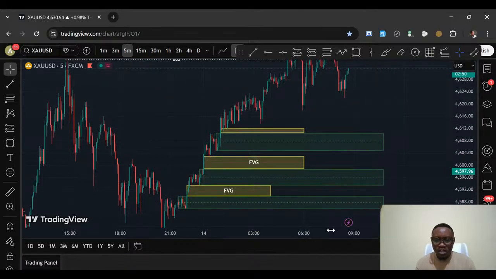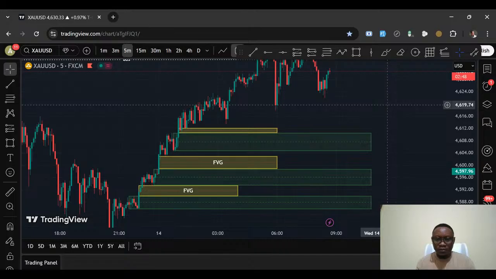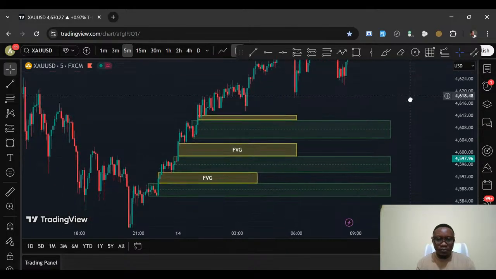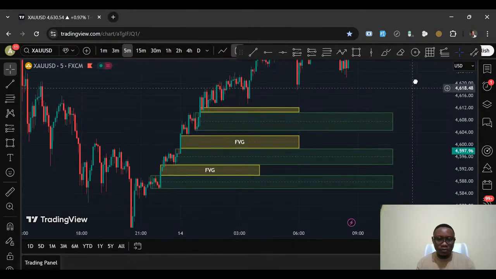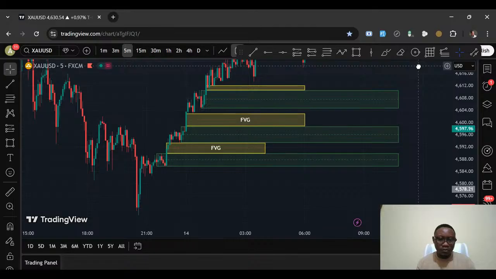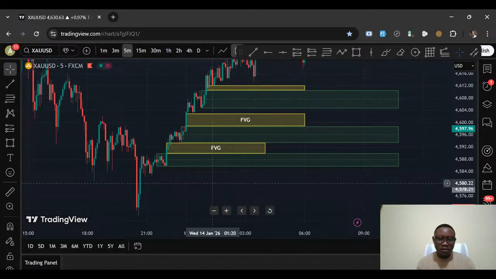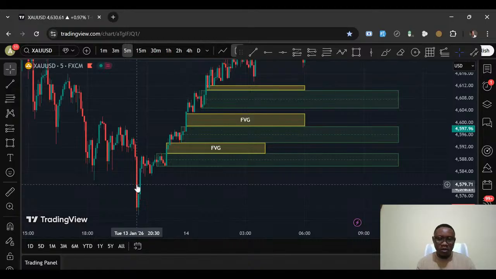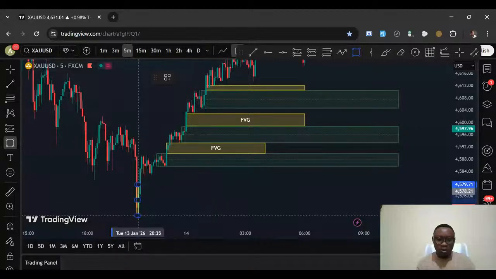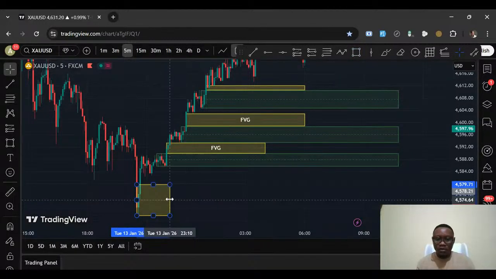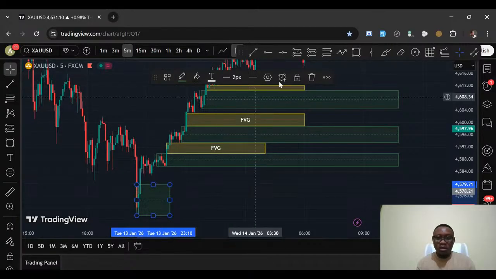On the 15-minute time frame, I have an order block here. There's another block here. I'll mark it out and minimize it for reference, because I don't see price coming here anytime soon.